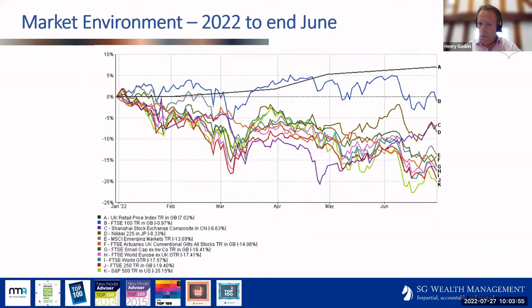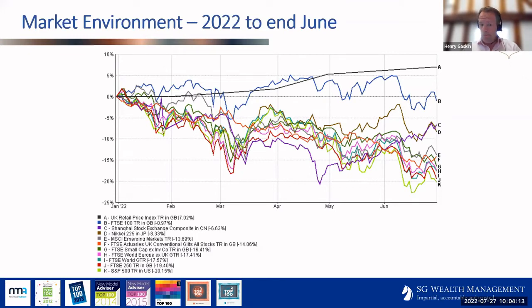It's also worth noting that 70%, I think, or so of the UK FTSE 100's earnings are derived overseas, and therefore the weakness we've seen in sterling has actually helped convert those back and prop up the FTSE 100 returns.